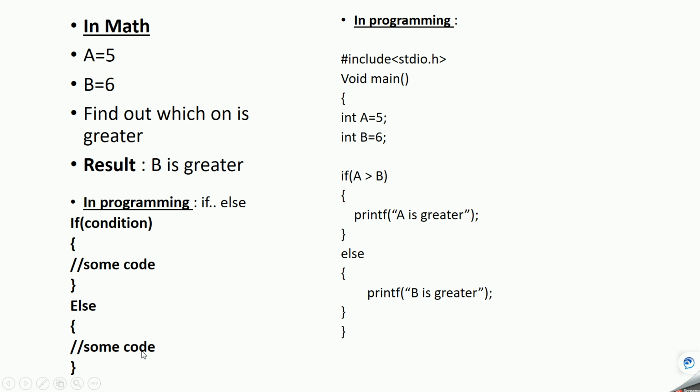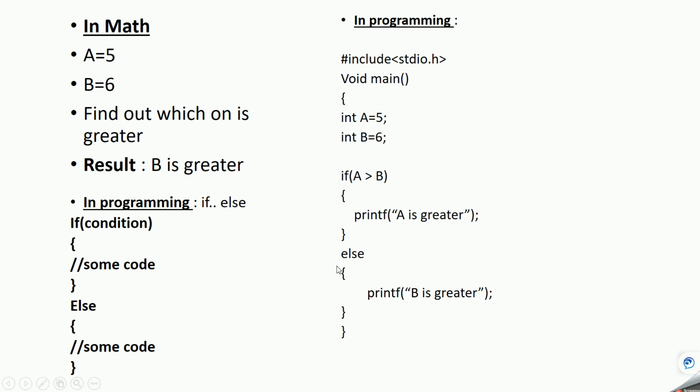How you write a program using this conditional statement is, first you write stdio.h and void main, then declare two variables a and b, and put a condition. You check whether a is greater than b. Here, 5 is greater than b? No, it is false.